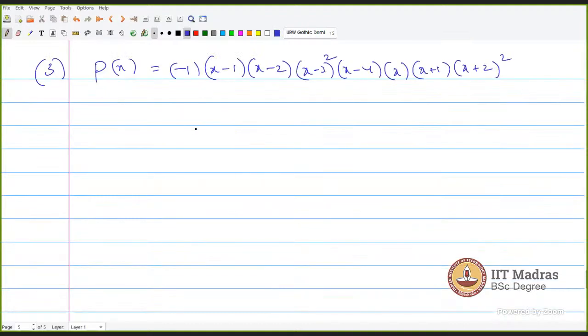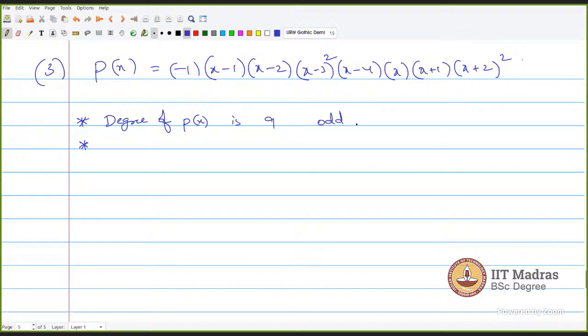From this polynomial, just get the degree of it first. The first and foremost thing is to draw the end graph first. So what is the degree of this polynomial? 9. So that means odd degree.